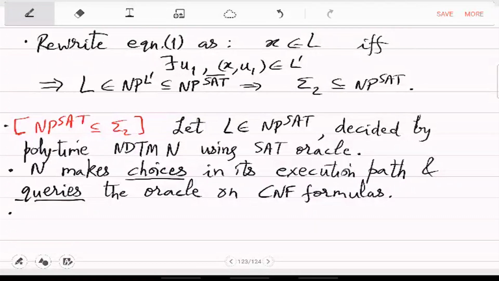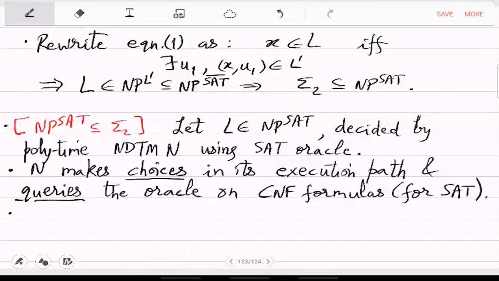So the choices intuitively will refer to the there exists quantifier, and the queries, that analysis will be trickier, because the query that is happening is for the SAT problem.